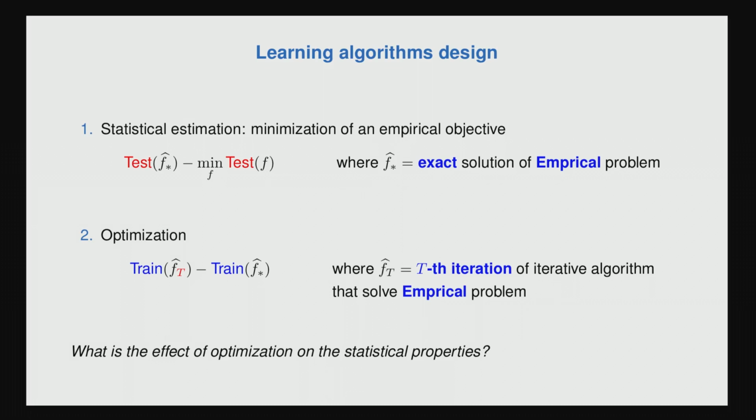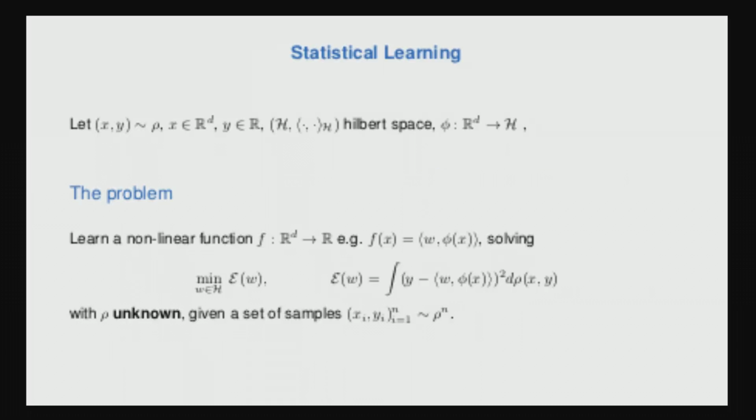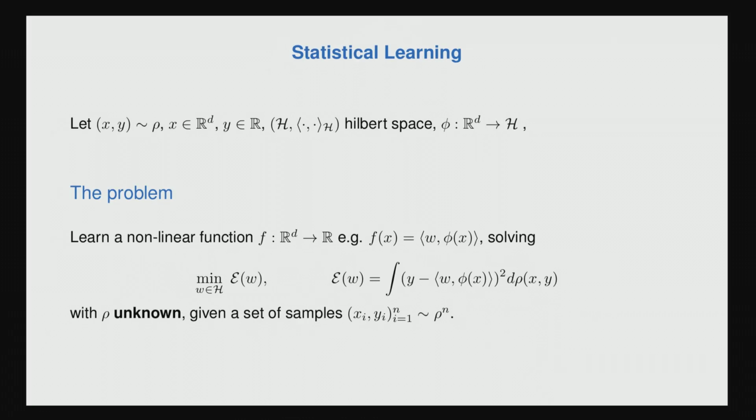So now we can start to understand better what I mean by test error, training error, and all this kind of thing. If we start trying to formulate the problem, what I can say is that usually in statistical machine learning, the important thing that I need to know is that I have points which are generated by a probability distribution. And to simplify things, let's consider that I want to learn linear functions.